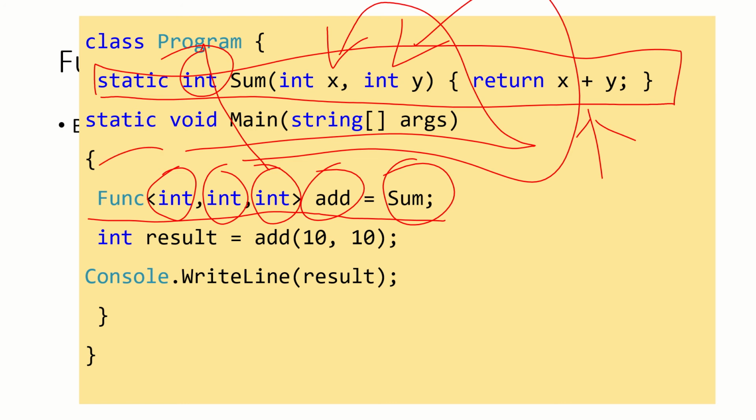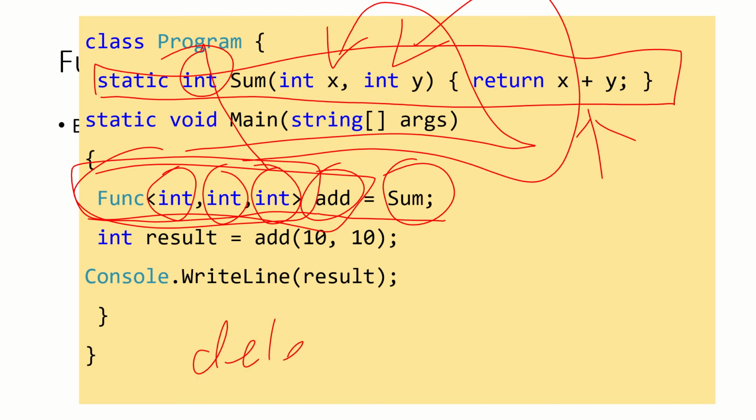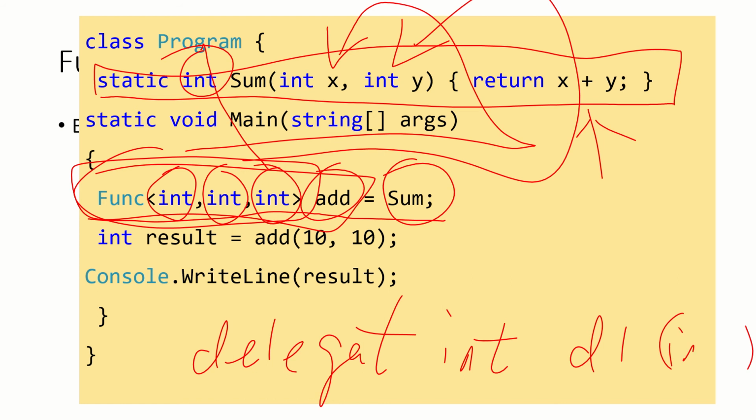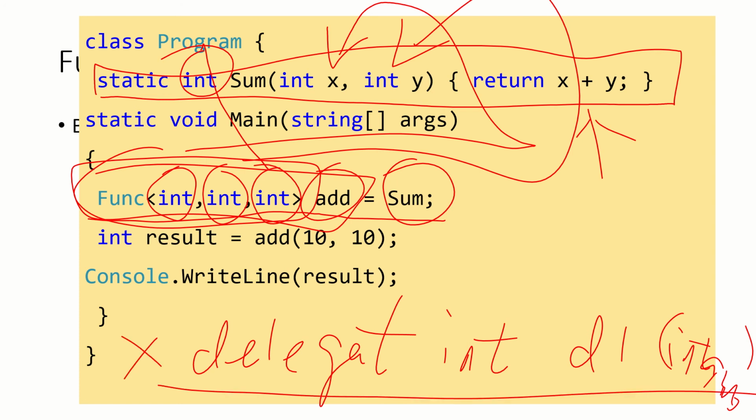So basically, if you want to convert this one to a delegate, it should be delegate int, and give a delegate name, int a and int b, right? So we get rid of this part.